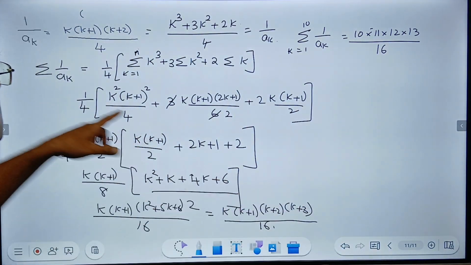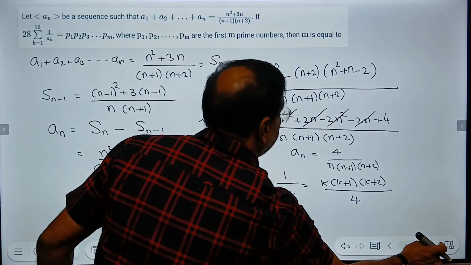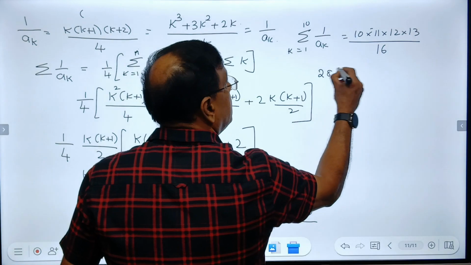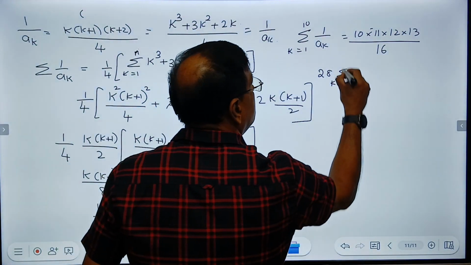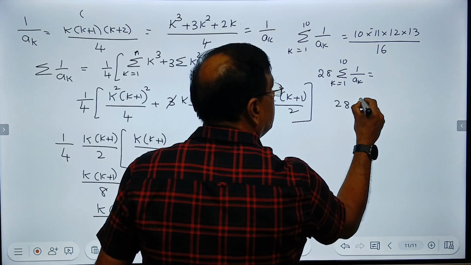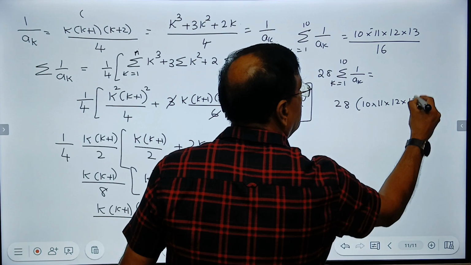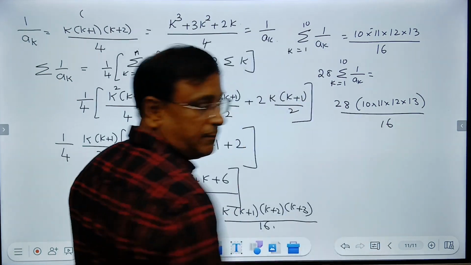But the result says 28 into, can you see this? 28 into, so I'm going to multiply by 28. So 28 into sigma k equal to 1 to 10, 1 by ak is 28 into 10 into 11 into 12 into 13 divided by 16.